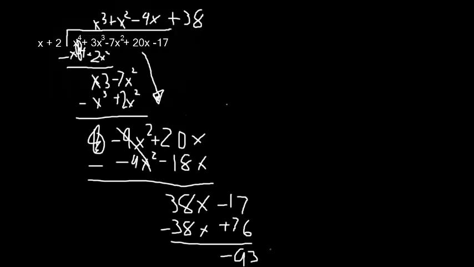This remainder is important, because you can't just leave it at 93 and say you're done. The remainder is 93, but you can append that onto here, same way you do with regular long division.